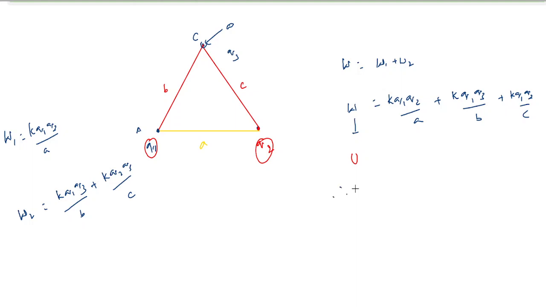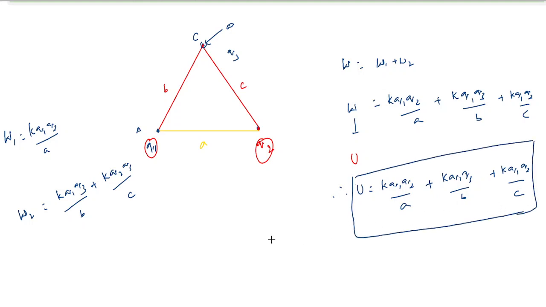Therefore, U is equal to K Q1 Q2 by A plus K Q1 Q3 by B plus K Q2 Q3 by C. So this is the system's potential energy.